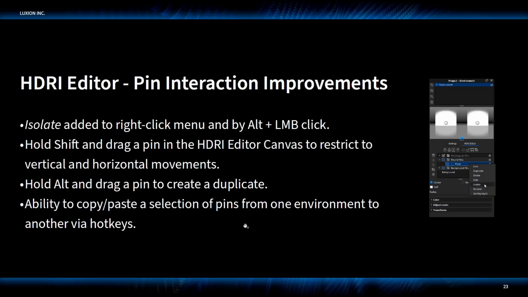You can also duplicate a pin by holding Alt and dragging on a pin in the canvas. And you can also copy and paste a selection of pins from one environment to another. For now, you can do that by using copy and paste hotkeys.